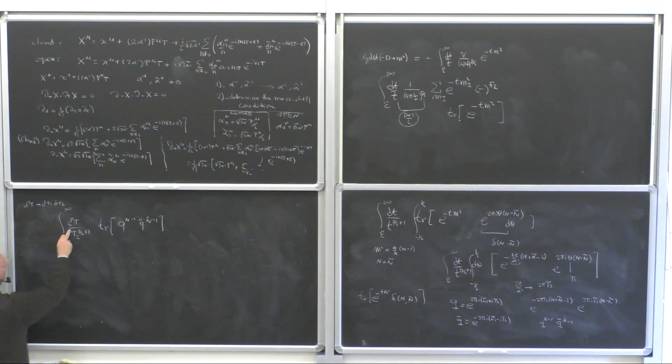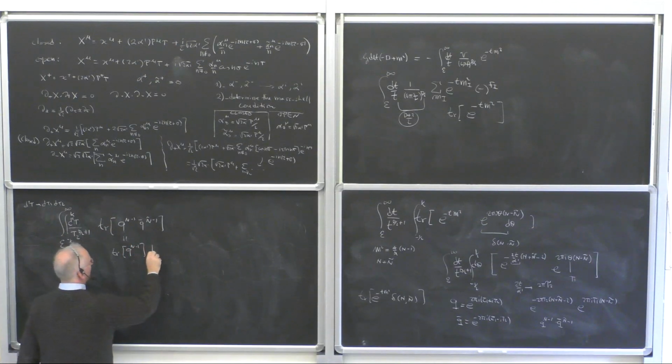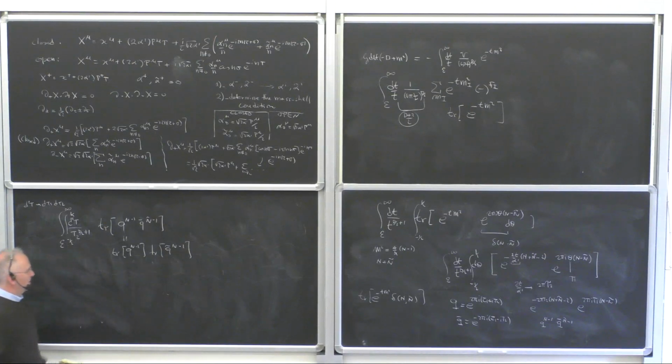Of course, this integral here is, I forgot to write the second one. So now for the trace, there's no constraint because the constraint is enforced by the integral. So I write the trace of q to the n minus 1 times the trace of q bar to the n tilde minus 1. So it's enough to do one of them. Okay?